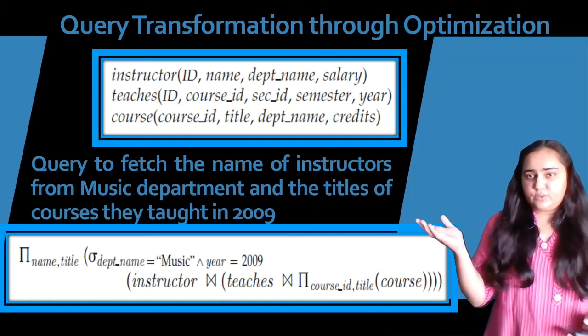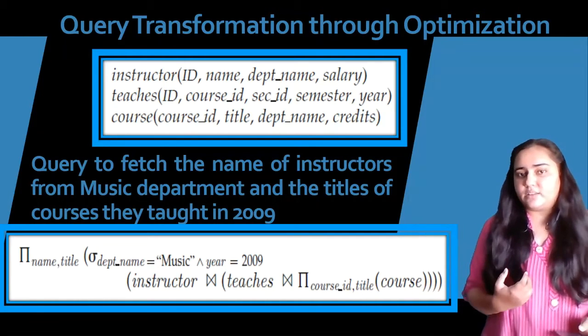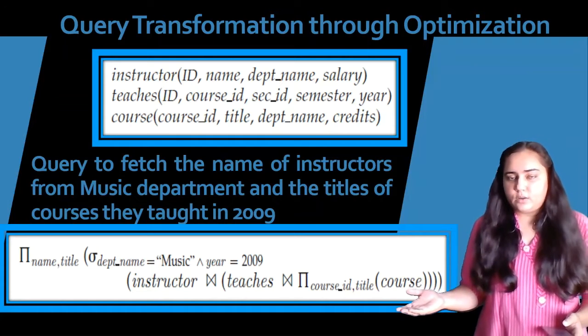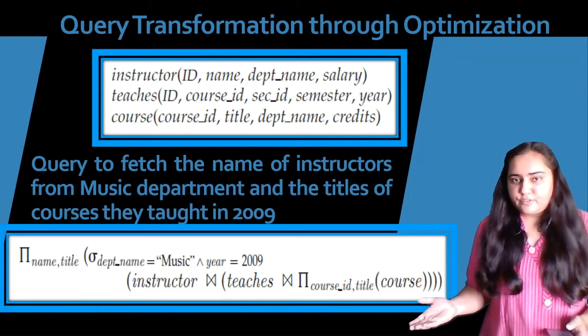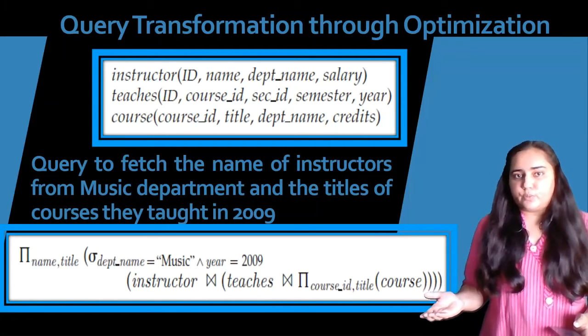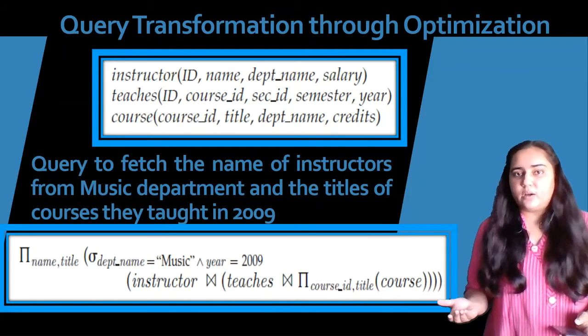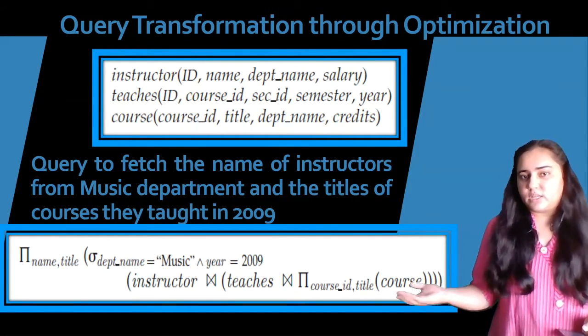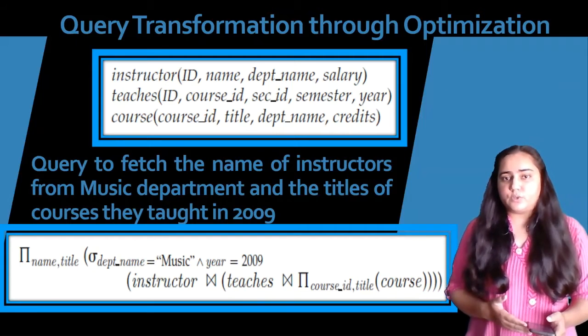Because my question says that I need to get the title of courses. And I'm also fetching the course ID column because I want to perform a natural join with teachers, and the only column that is common between course and teachers is course ID. So I have to take course ID to perform the natural join.